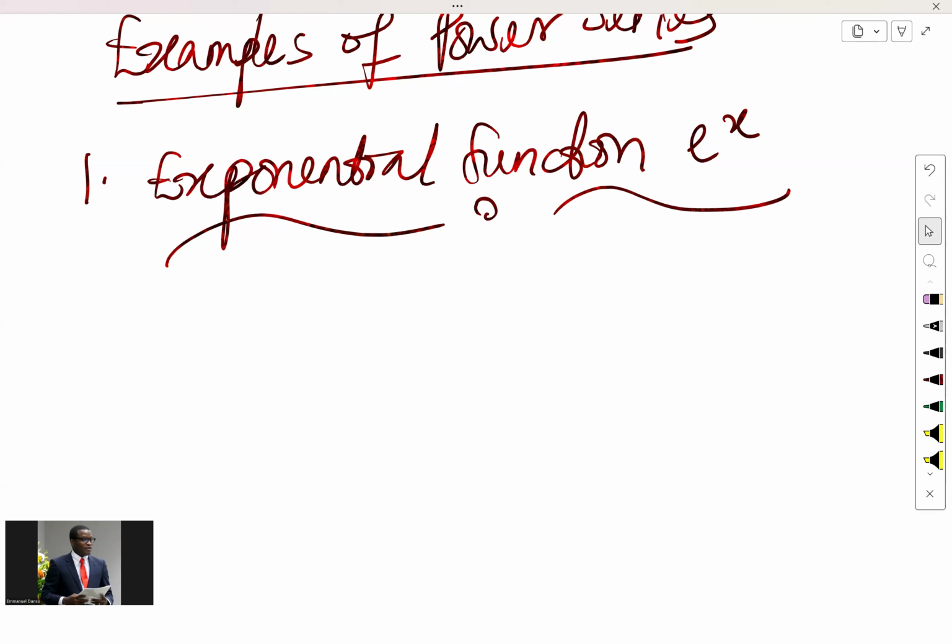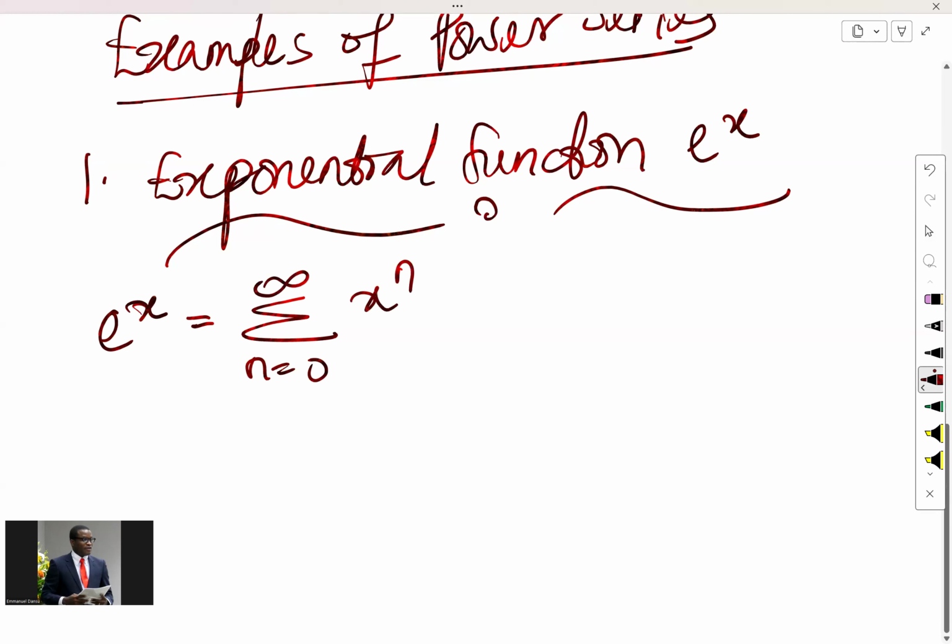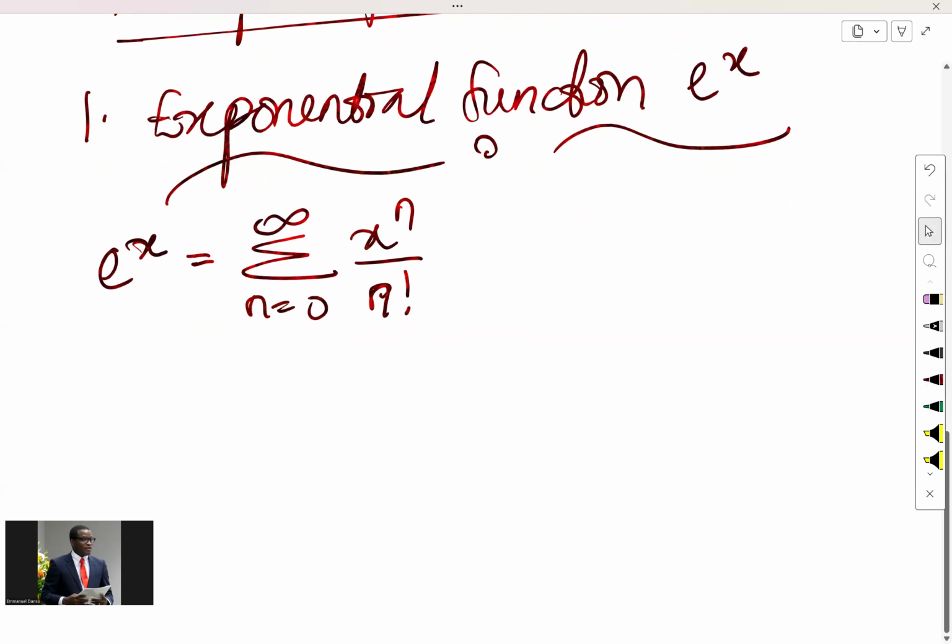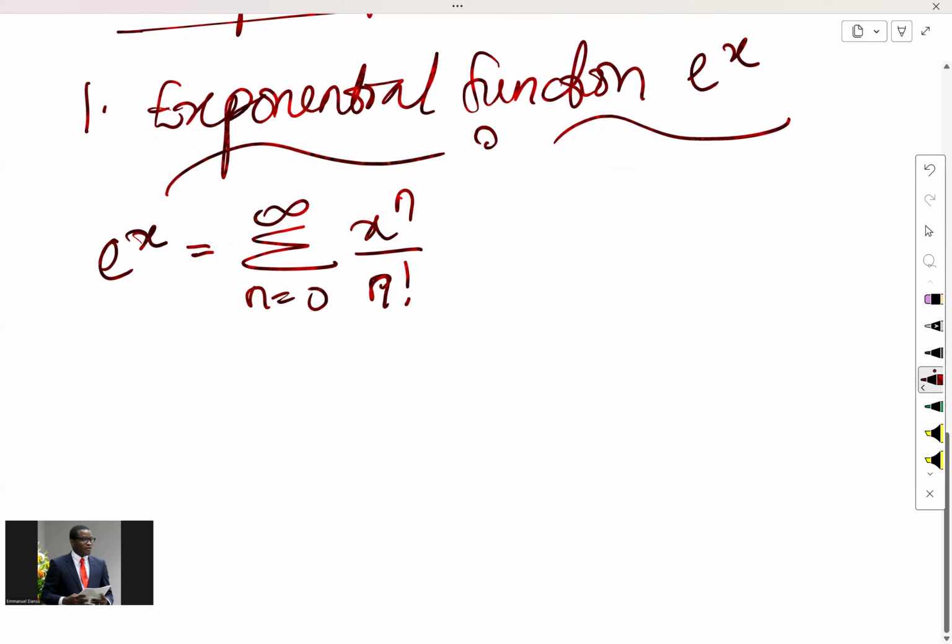So generally, e raised to power x is equal to the summation from n equals 0 to infinity of x raised to power n all over n factorial. That's the general form. That means it is the same thing as 1 plus x over 1 factorial plus x squared over 2 factorial.